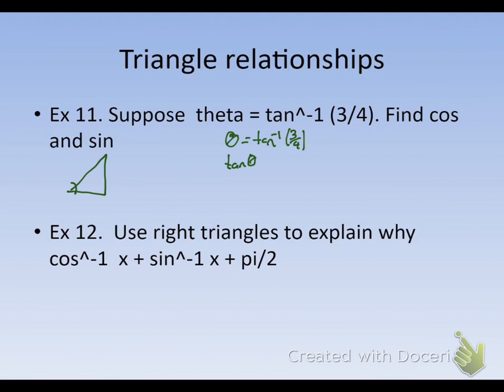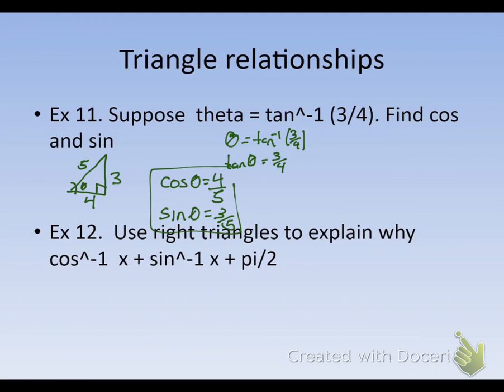Tan of theta equals 3 over 4. We know tangent to be opposite and adjacent, so we have 3, 4, and once again we see it's a 3, 4, 5 triangle. Pretty common for today's lesson. We have cosine, adjacent over hypotenuse. Adjacent is next to, hypotenuse is 5, and we have sine, opposite is 3, hypotenuse is 5.